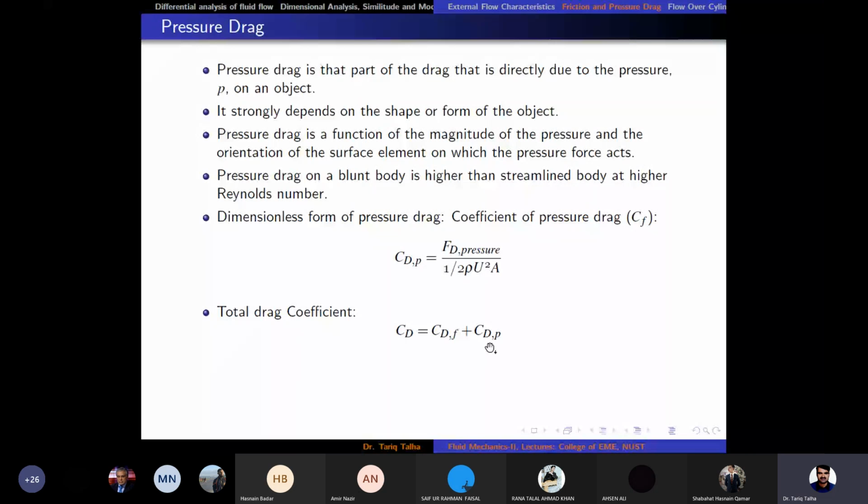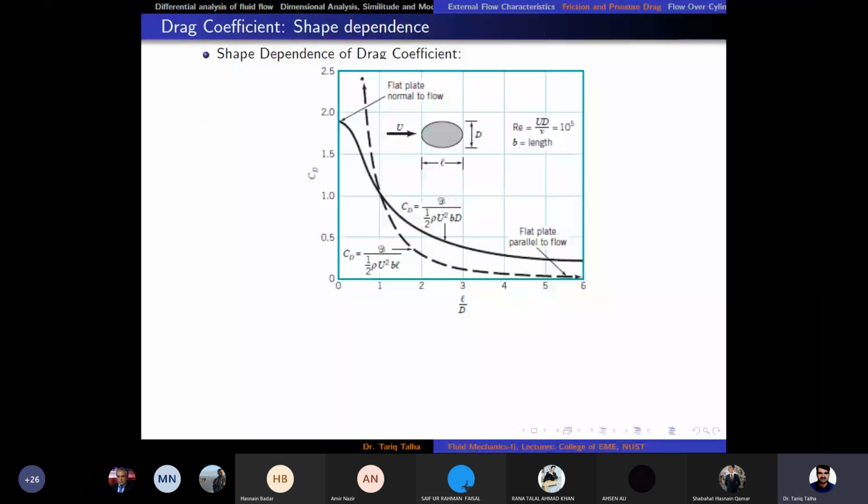So the total drag force would again be the summation of drag force due to friction and drag force due to pressure difference, right? And here, the CD, which is the coefficient of drag, is shown for two cases. One is a flat plate normal to the flow, and the other one a flat plate parallel to the flow.